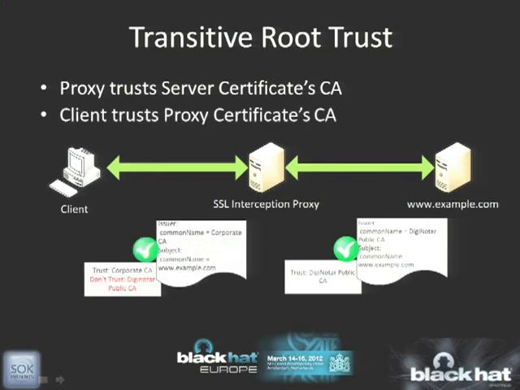So the client doesn't trust DigiNotar, but it trusts the corporate CA that's used by the interception proxy to issue certificates. So the certificate that it receives that's rewritten by the proxy validates with no problems. So we can see that the client ends up trusting the DigiNotar signed certificate despite the fact that they would not have directly trusted it.